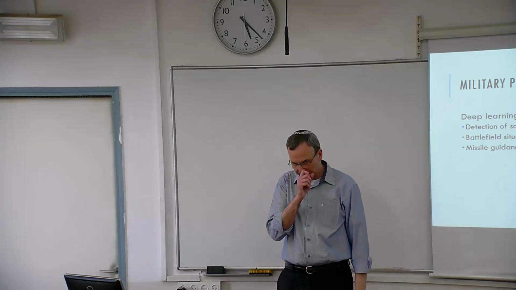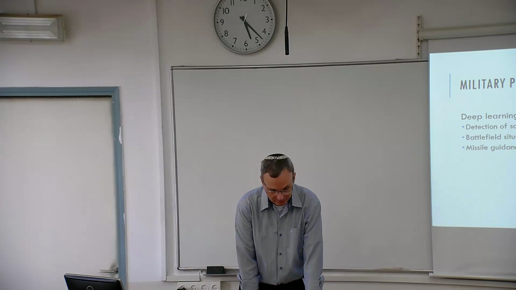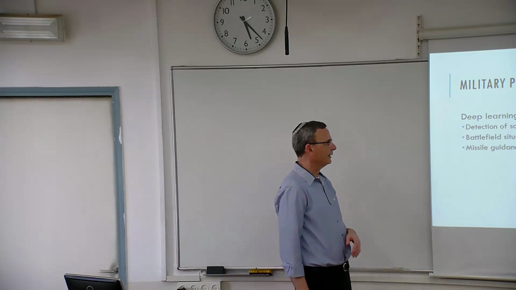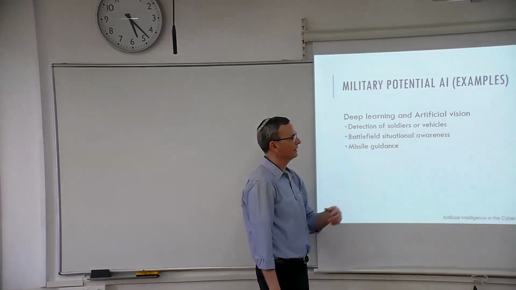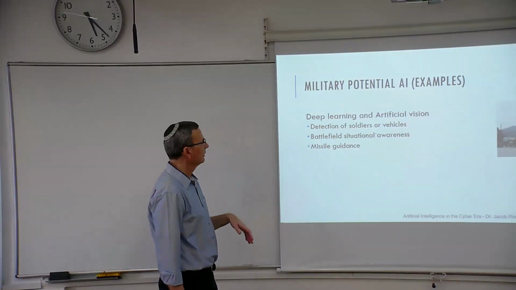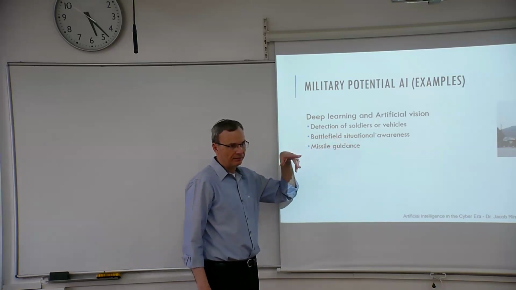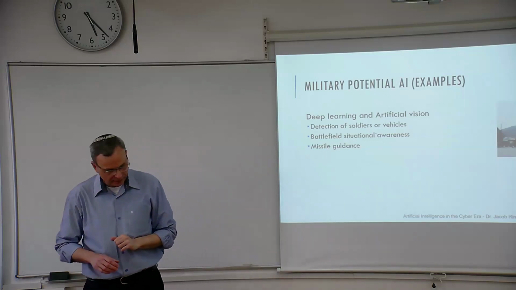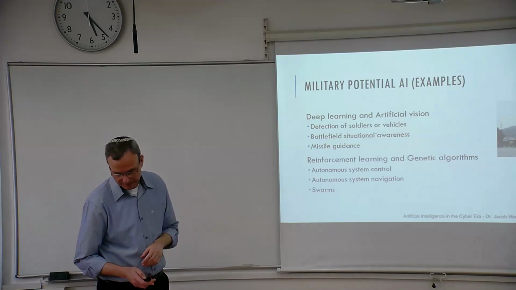What can we do with AI in the military world? Many things. I'll give you some examples. If I'm going to use the combination of deep learning and artificial vision, then I can automatically detect soldiers and vehicles of the enemy. I can be aware of the situation in the battlefield, meaning who is located where and what it means. And of course, I can guide missiles, and there are many other examples.